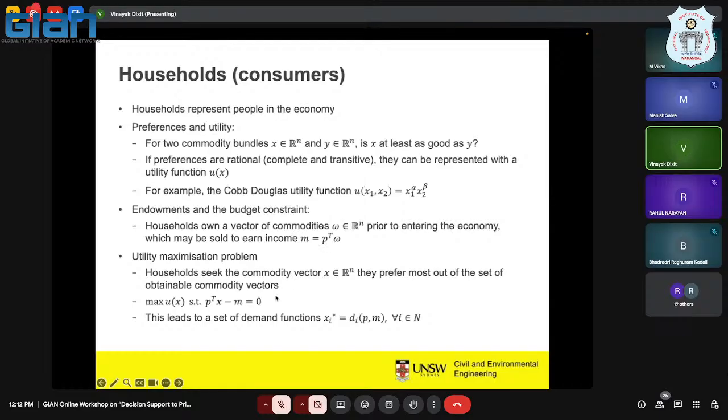So this is the budget constraint, and within this they also come with a certain endowment. So given a budget constraint, how will a household maximize their utility? What will be the different demand for different products? These are the three main concepts for households.